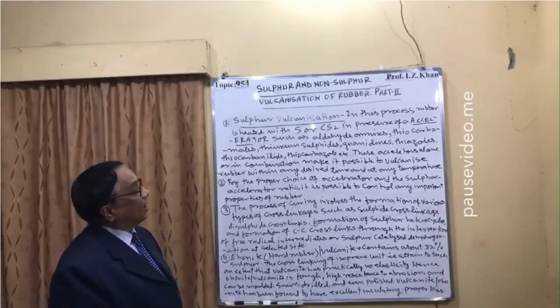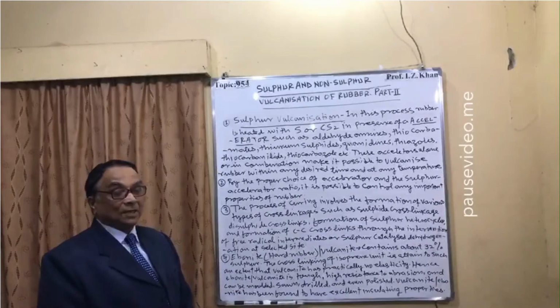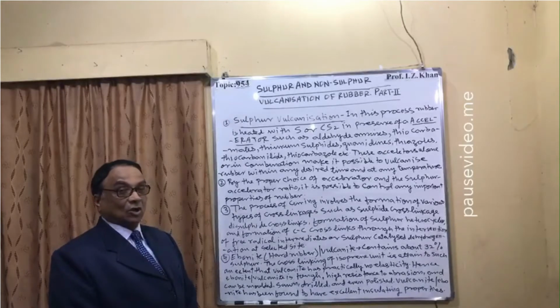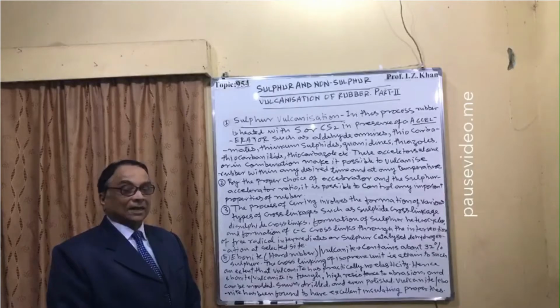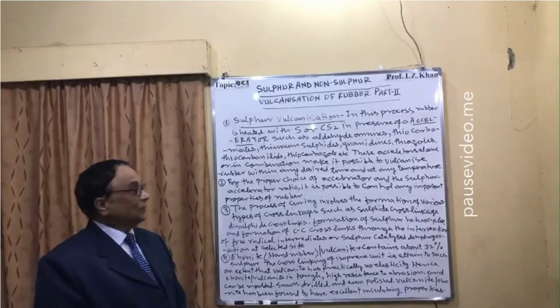So these are all very good accelerators, and they play a very important role. And the percentage and ratio of accelerator with sulfur is going to play a very important role in sulfur vulcanization.